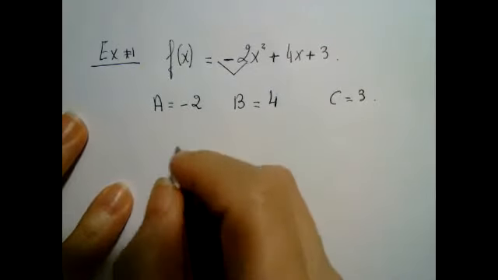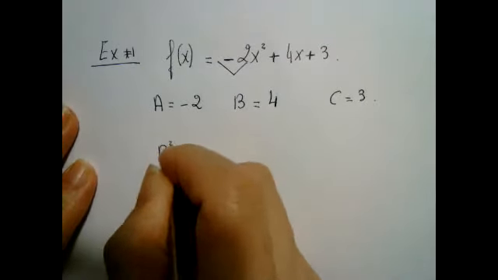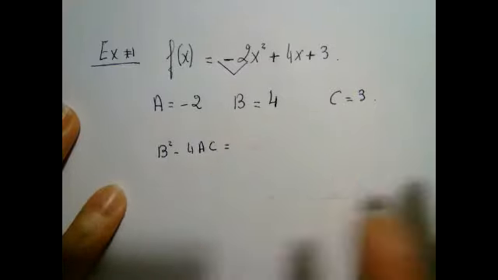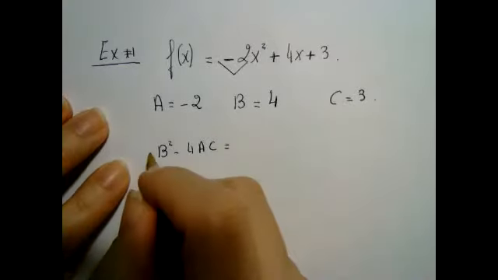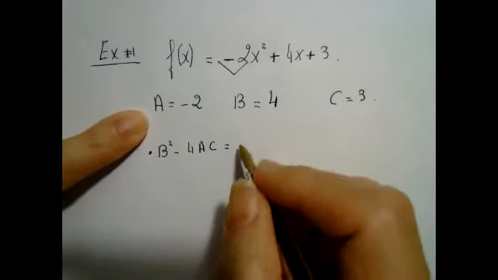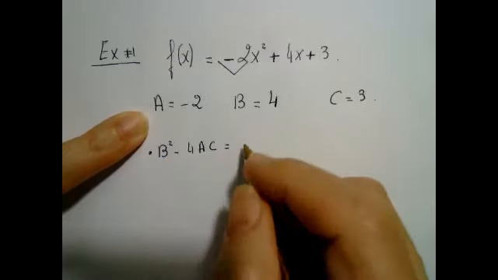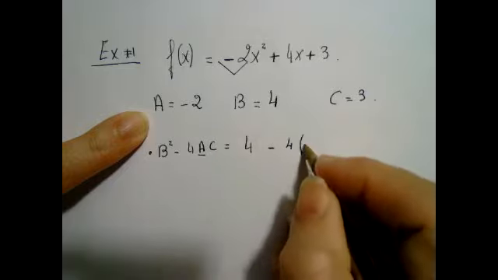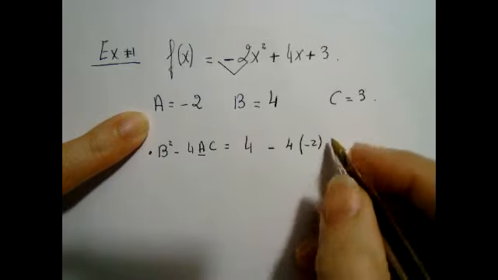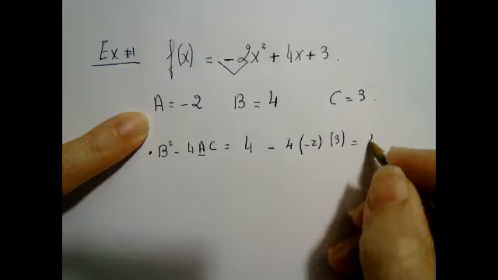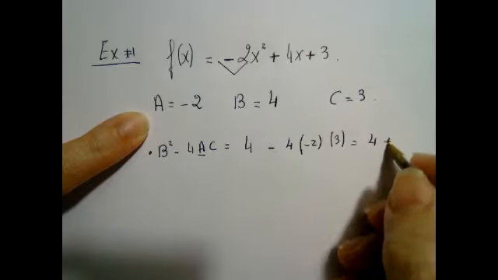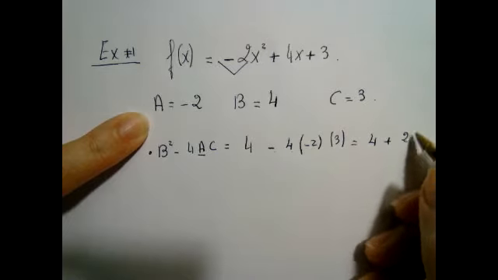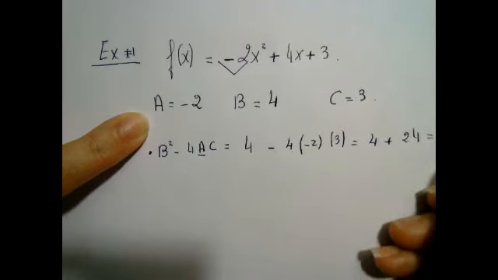Let us use this quadratic formula very clearly. We have two solutions. Usually you can compute b squared minus 4ac by itself and then plug it in. So I compute b squared minus 4ac. This will give me 4 squared minus 4 times a times c, which is 16 plus 24, which is 28.